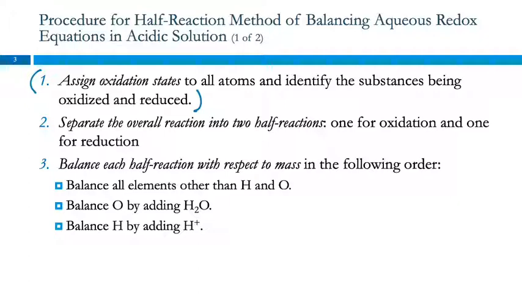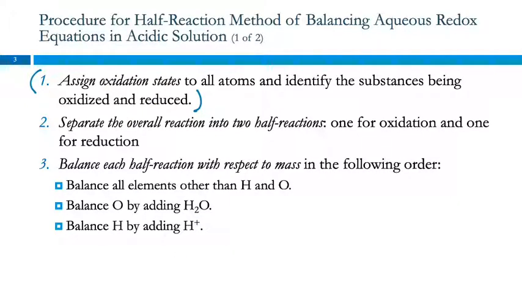We balance each half reaction first with respect to mass, and we have a specific way we need to do this. We need to balance everything but hydrogen and oxygen first. And then we balance the oxygen by adding water where needed, and we balance the hydrogen by adding hydrogen ions where needed. This is for balancing in acidic solution.